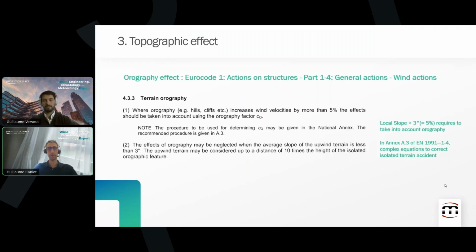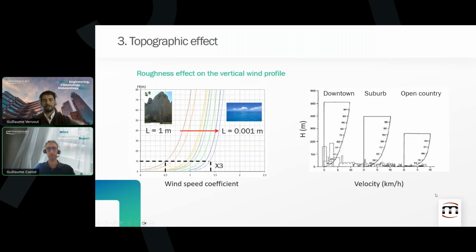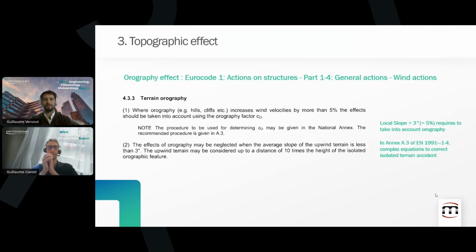So I would like to talk about how we can, let's say, estimate topographic effects. Let's start with orography. A good thing is to have a look at the regulation. There is one that we are using here in Europe, it's called Eurocode.